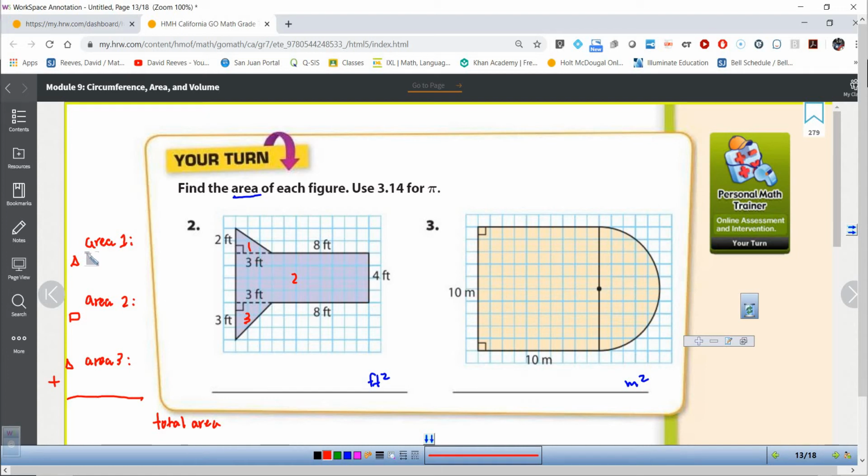Well, the area of a triangle is 1/2 the base times the height. And the area of a rectangle is the length times the width. And the area of a triangle, once again, is 1/2 the base times the height. All right, I wish I would have made these just a little bit bigger.